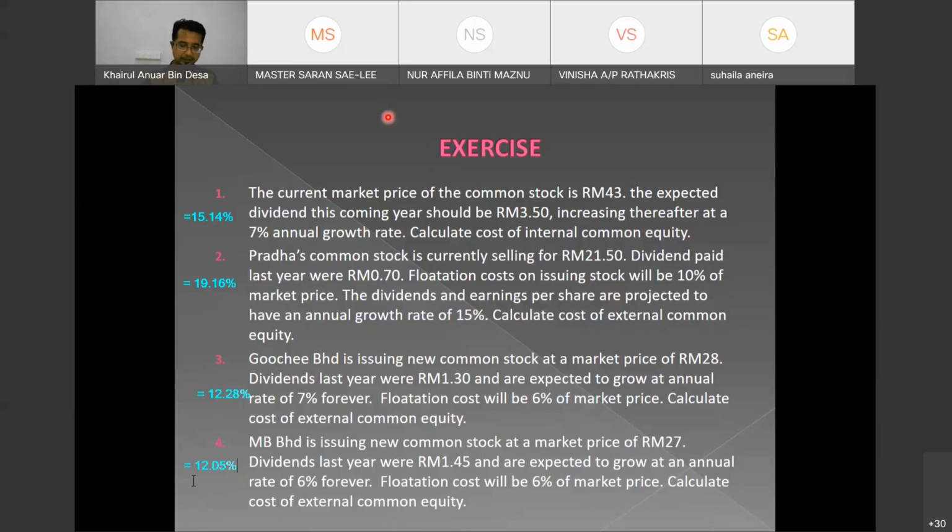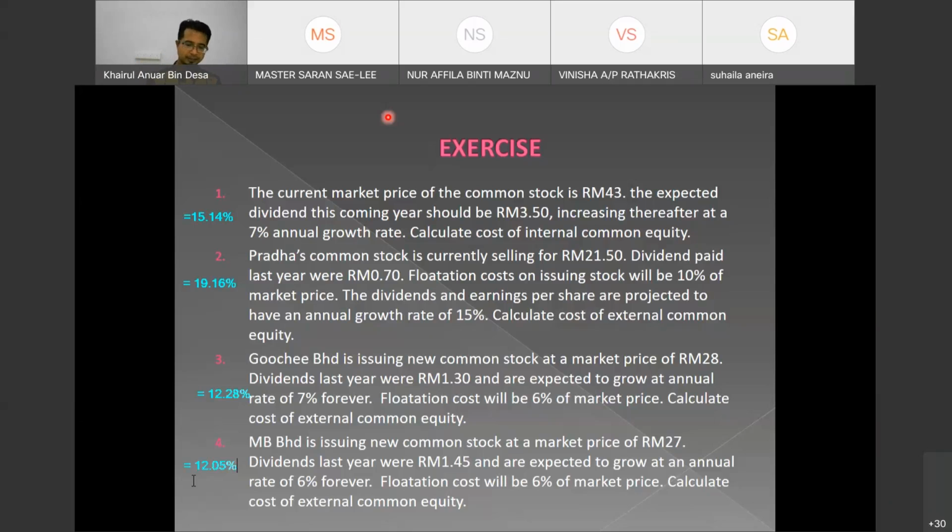Okay, yang lain tengok sebab soalan ini melibatkan last year dividend. Questions 2, 3 and 4 involve the last year dividend.